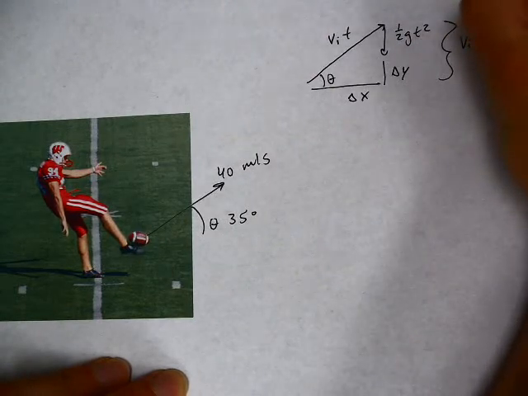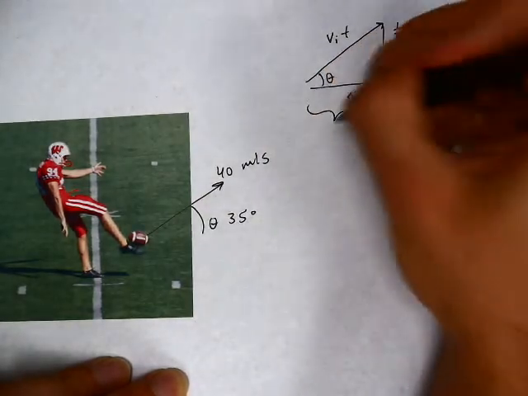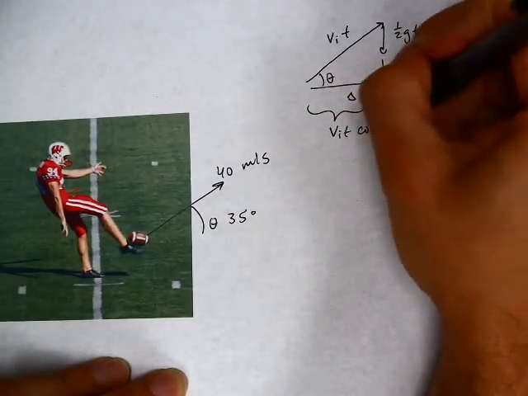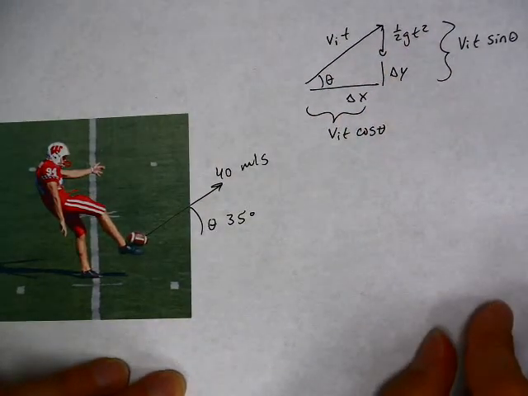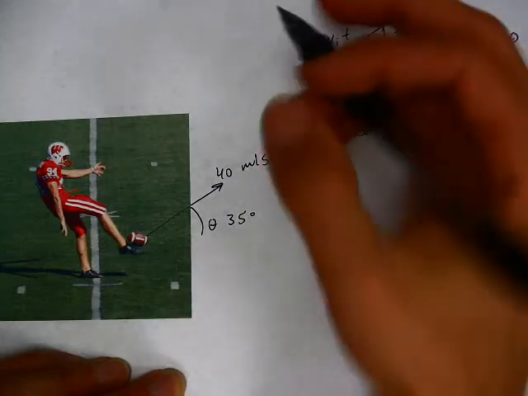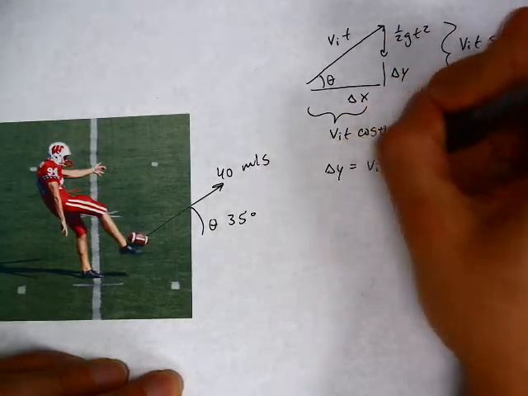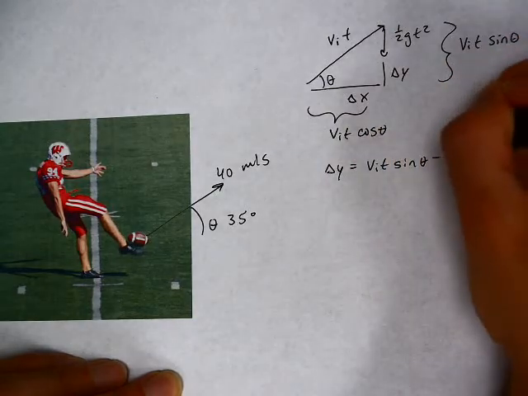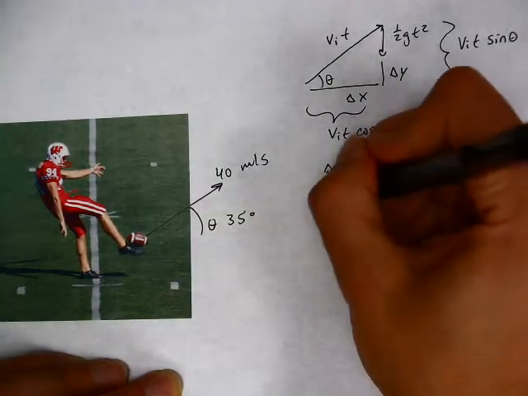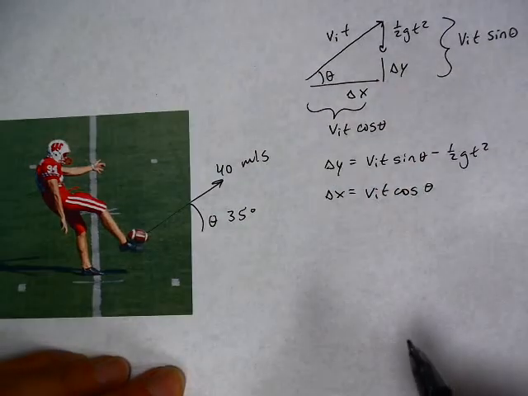Remember that is VIT, the hypotenuse times sine of theta. That's VIT times cosine of theta. Or you can just memorize these kinematic equations that we're deriving, but this is a way to help you remember them. So delta y was equal to VIT sine theta minus 1/2 GT squared, and delta x was VIT cosine theta.